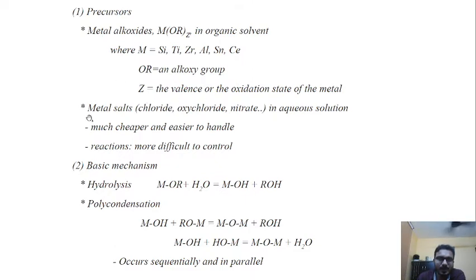Then the metal salts, that is chloride, oxychloride, nitrate, etc., in the aqueous solution. These are much cheaper and easier to handle. Then we have reactions which are more difficult to control in the case of these precursors.